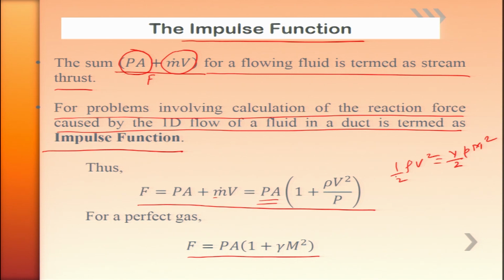If you replace rho V square, striking out 2 on both sides, then I can write immediately PA times 1 plus gamma M square. This is a very important function known as the impulse function for compressible flow.